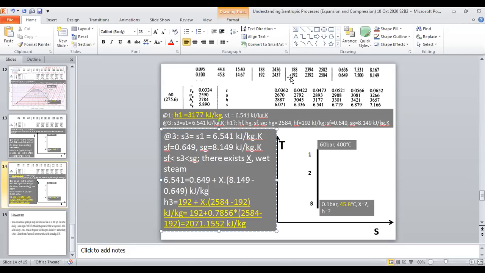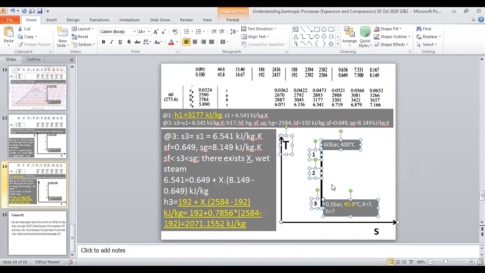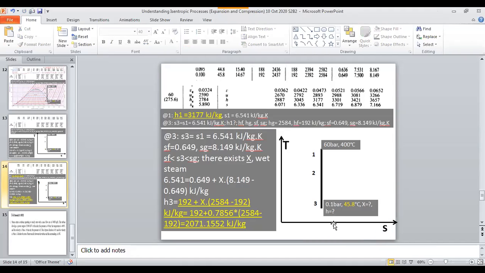So in between, this is okay, 2071. Actually, you have to check how realistic the values are. Whenever we get the figures, we should check how realistic they are. That is a separate knowledge.